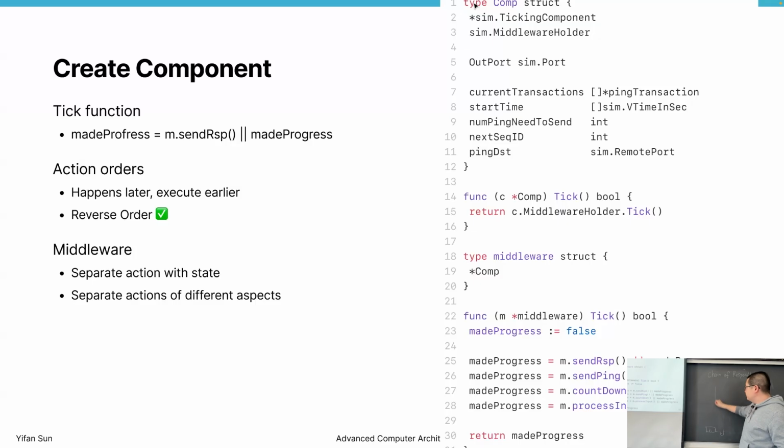Let's say this is something called a middleware holder. You can just consider this a disk array or something. We have a middleware here, and we add a few middlewares. When a message arrives, this middleware will try to process it.